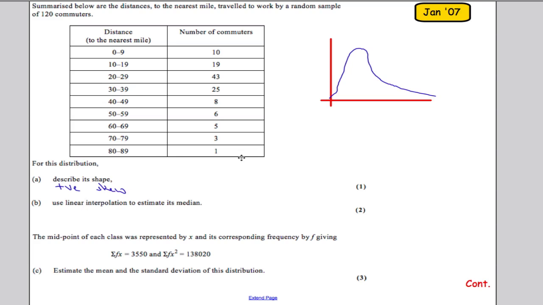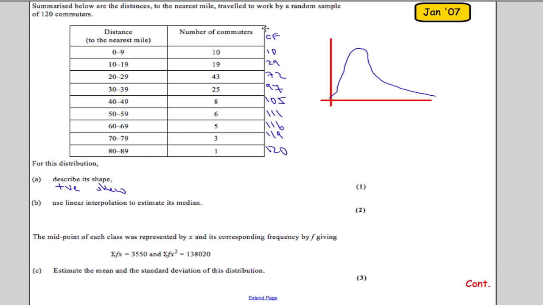Use linear interpolation to estimate its median. In order to do that, as always, we're going to write down some cumulative frequencies. So cumulative frequencies: 10, 29, 69, 72, 97, 105, 111, 116, 119, and 120.